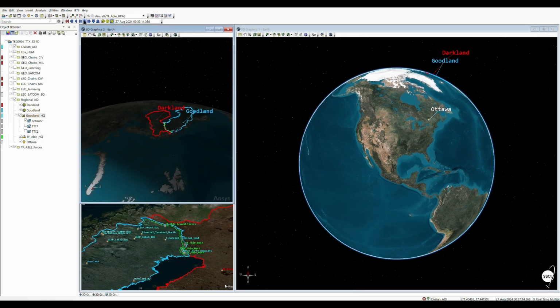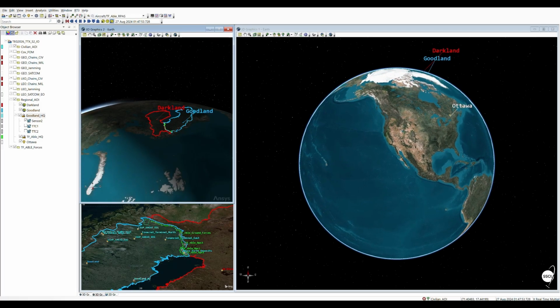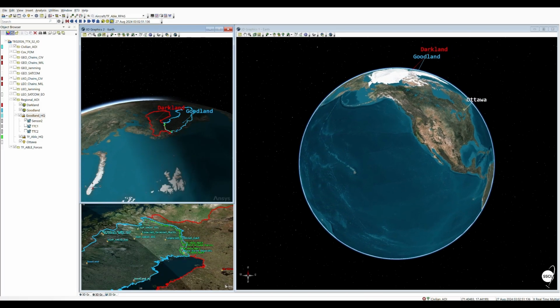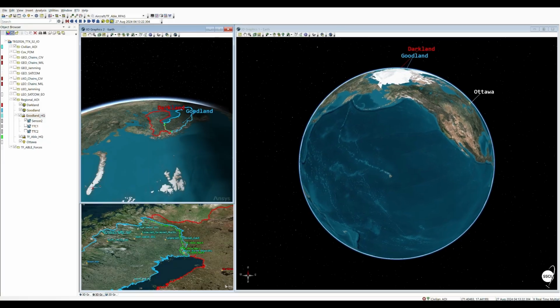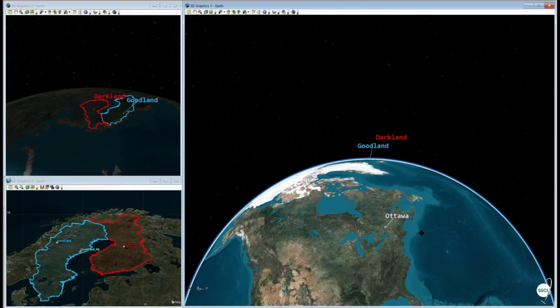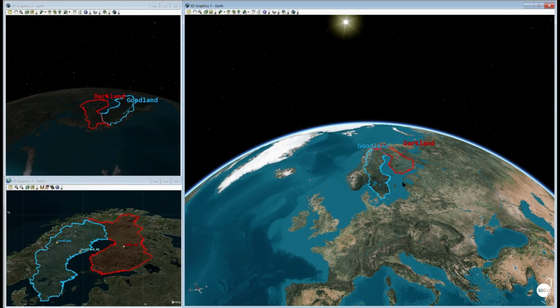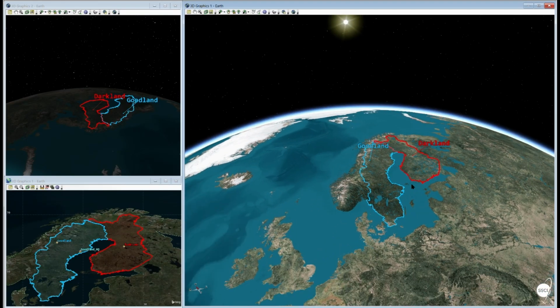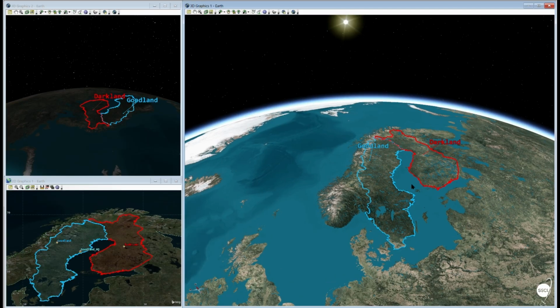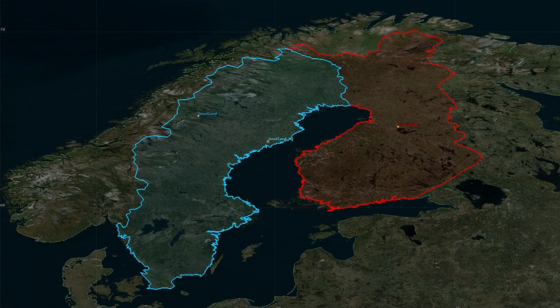What you're seeing here is the operating environment for Phase 2, Initial Operations, represented digitally. Canada is supporting operations in Goodland, a northern country with very limited physical infrastructure, and neighbors Darkland, an aggressor. In this environment, space systems are foundational.